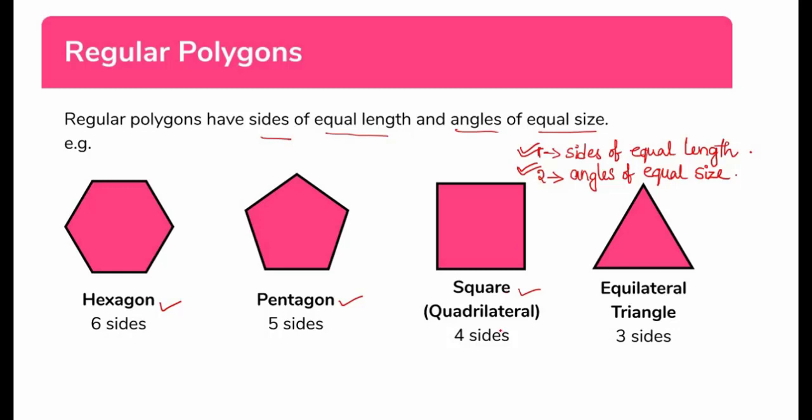So only the square comes under the regular polygon. Equilateral triangle: many triangles are there, but only the equilateral triangle comes under regular polygon. What are the examples of regular polygons, children? Hexagon, pentagon, square and equilateral triangle.